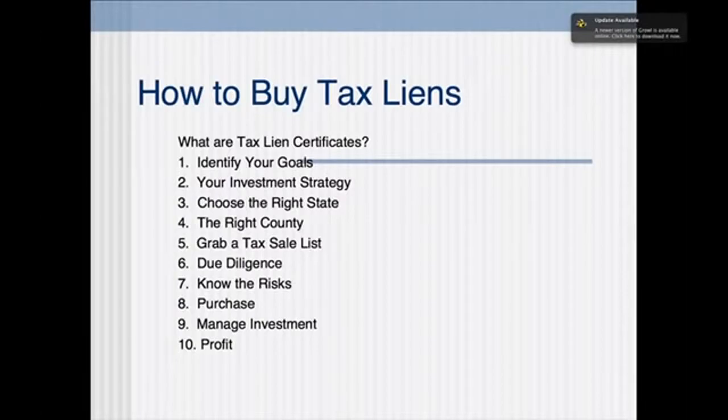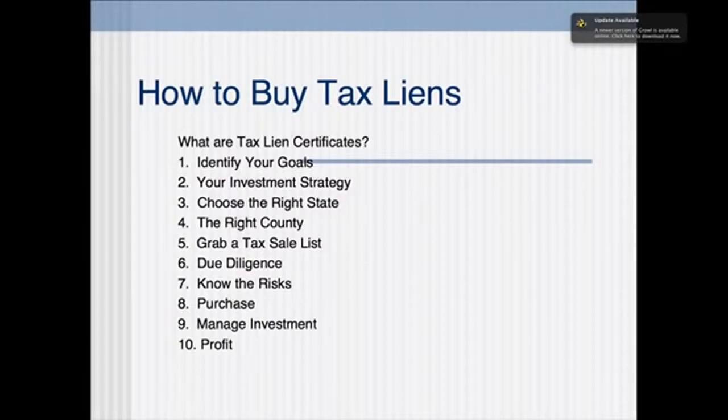Also, consider the date of the auction. Sometimes some states have auctions every month. Other ones, they have them once a year. So depending on that, you might want to adjust your investment strategy. Consider also the state laws and the different statutes as well.